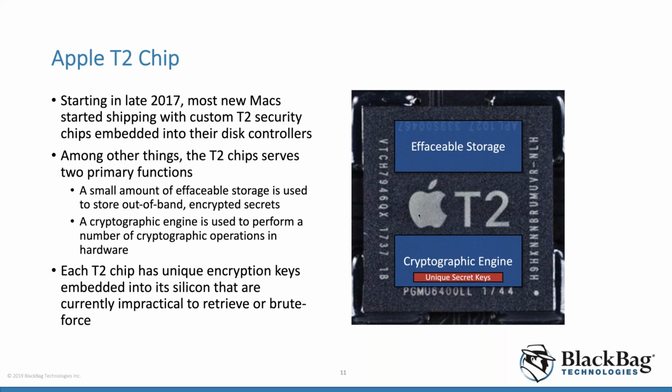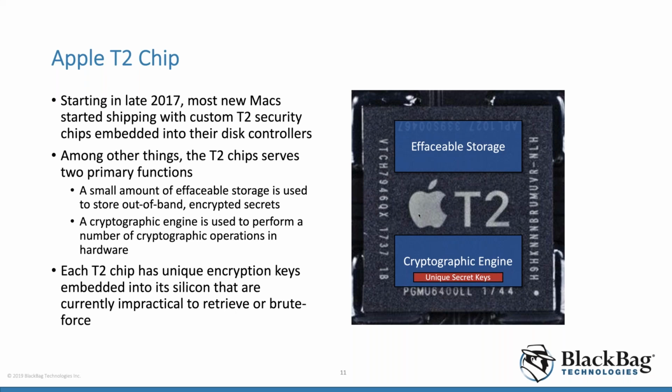Among other things, the T2 chips serve two primary functions. One, they have a small amount of what they call effaceable storage, which is used to store out-of-band encrypted secrets. Out-of-band means you can actually put some information on the chip itself that's not written to the disk itself, right? So if you're only reading from the disk, you're not necessarily getting all of the data.